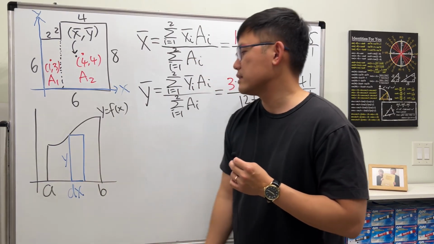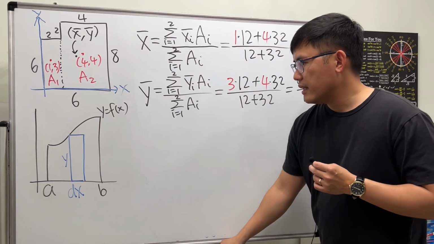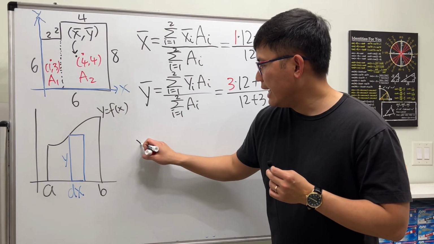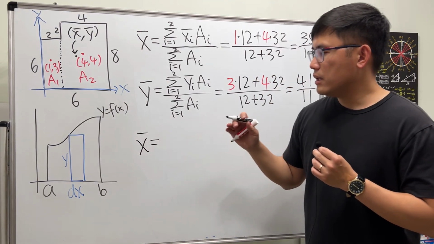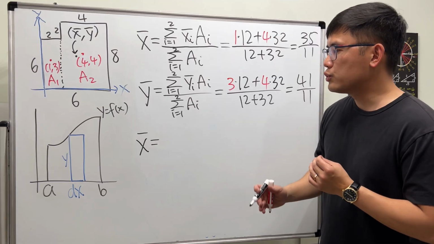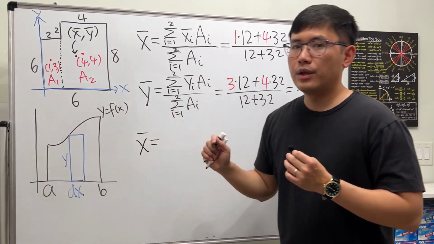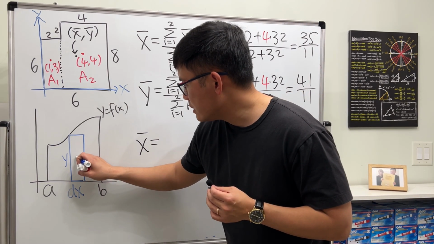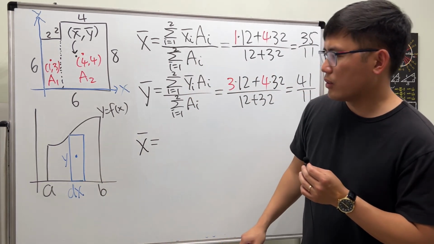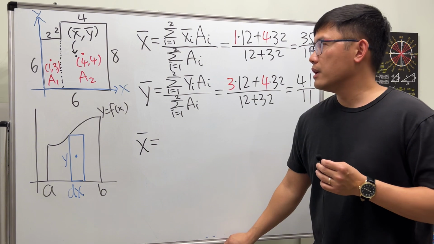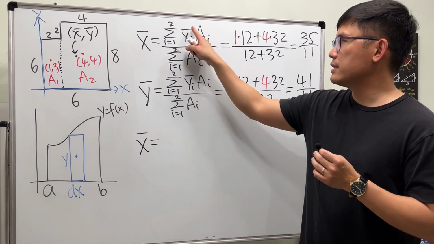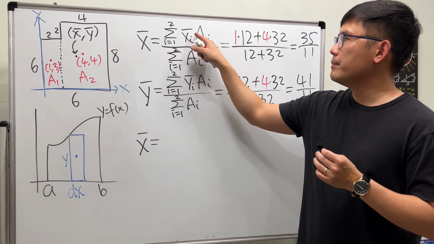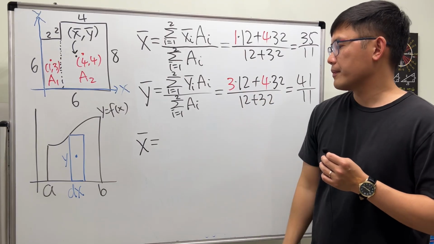Label that with y. Now, I'm going to put x bar for the x coordinate of the centroid of the whole thing. But before we can do so, we will have to look for the centroid of the blue rectangle. Let's say it's somewhere there. Cool. Now, let's just focus on this expression, xi bar times ai, right?